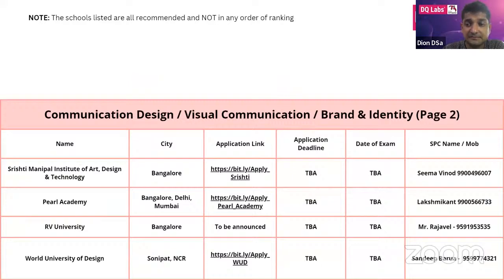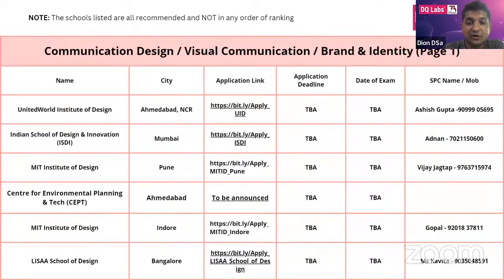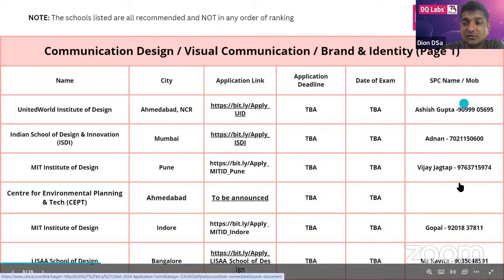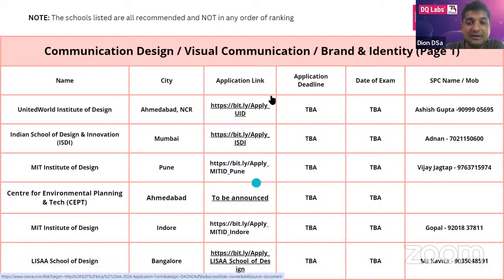Srishti is here, right? So what we have here is the application link, the deadline, the date of the exam, and your contact person. Who is the contact person you can be in touch with, right? And if you click on these links, you will reach the right application page. I don't think the applications are open yet, but we recommend that you click on these links only.